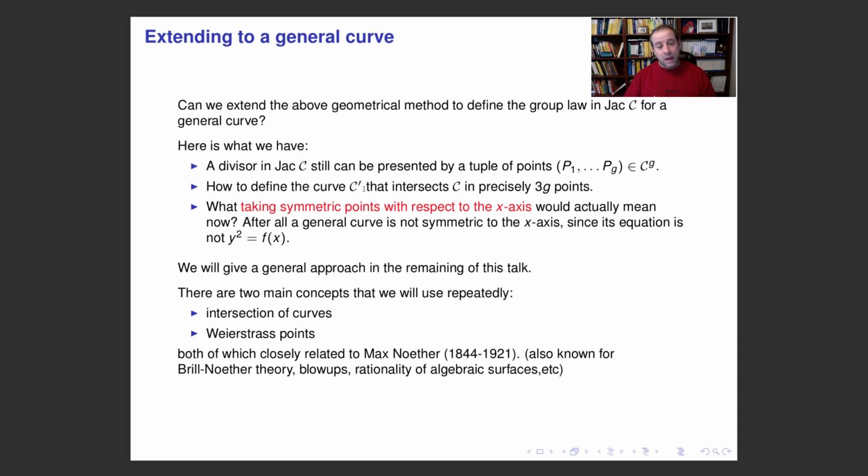We need a curve that intersects the original curve in precisely 3g points, because I am given 2g points since I have two divisors. Once we do that, I will have a g-tuple of points. That's not going to be the addition.